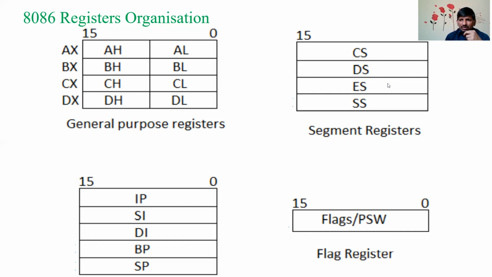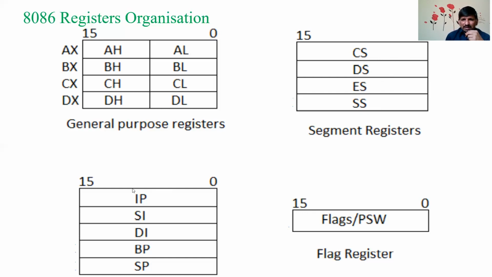Extra segment stores the data information. Stack segment stores the stack information. So these 4 are the segment registers which store the starting address of the segments. Each one is a 16-bit register, 0 to 15. These are the segment registers.